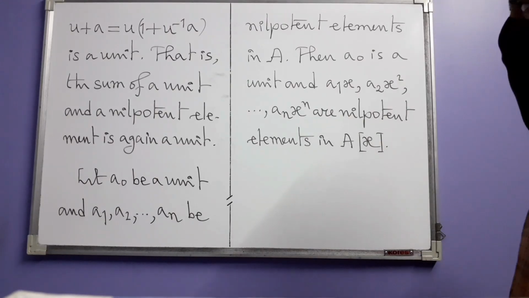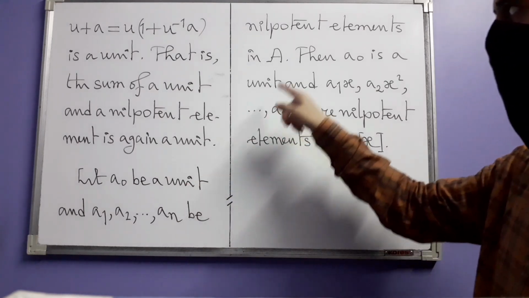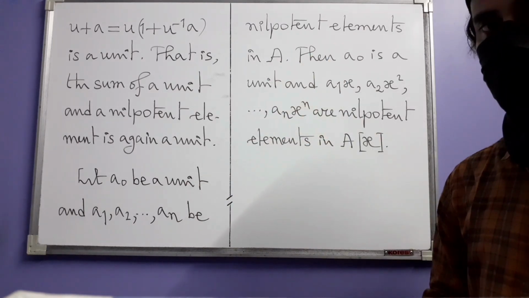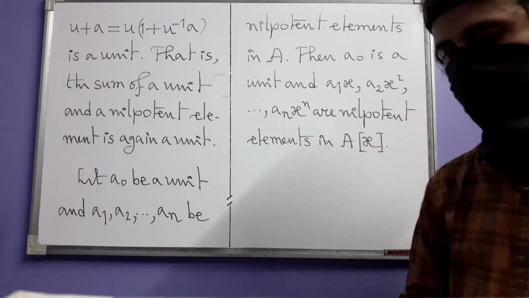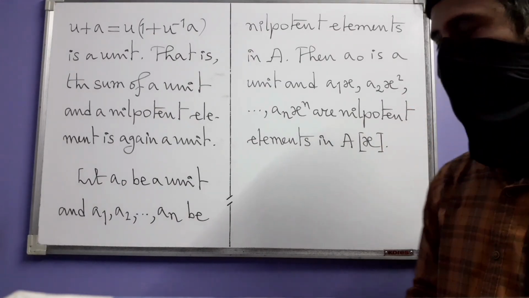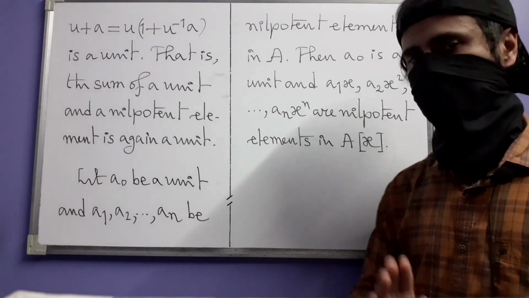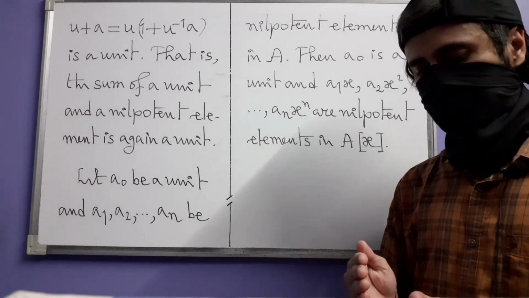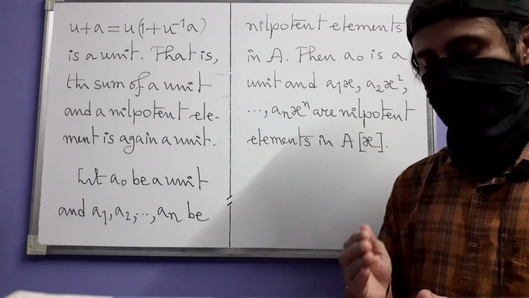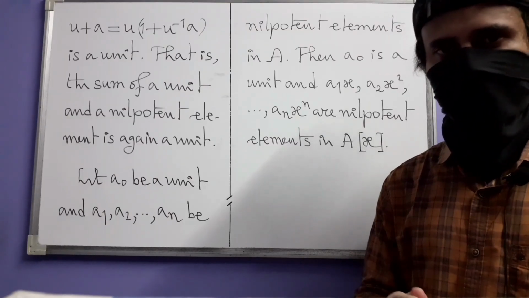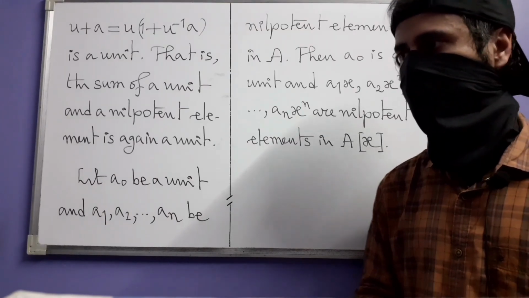Now because a0 is a unit in the ring A, it is also automatically a unit in A[x]. Why? What does it mean for a0 to be a unit in the ring A? It means that there is an element, say c in A, such that a0 c is equal to the identity element.